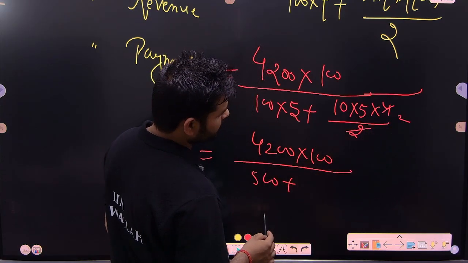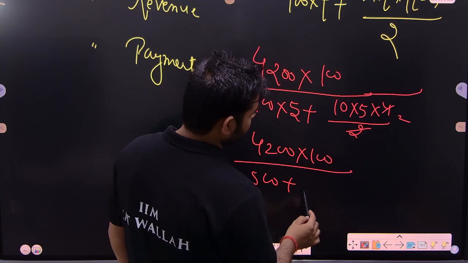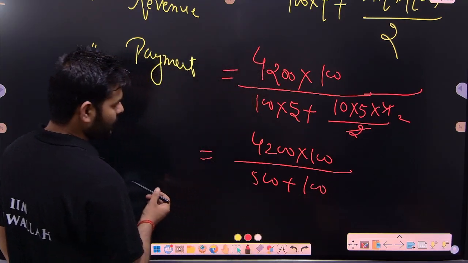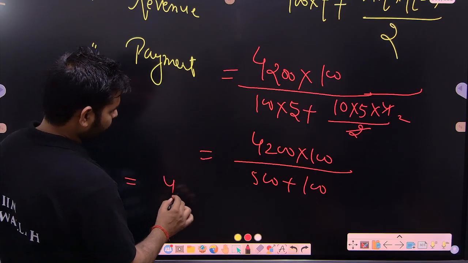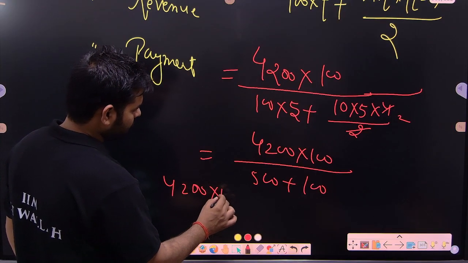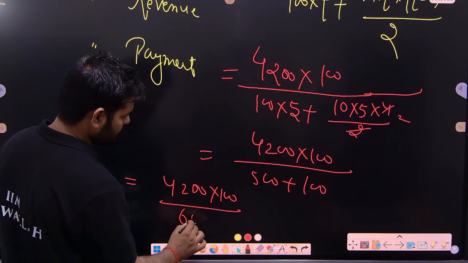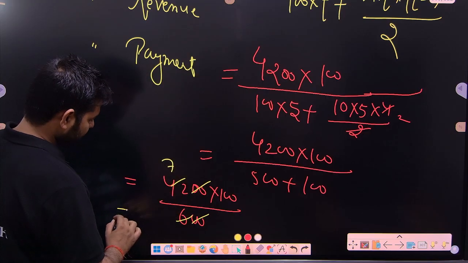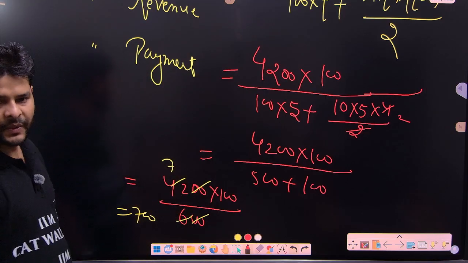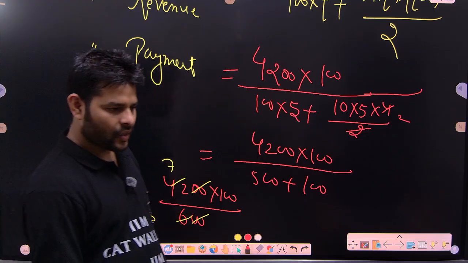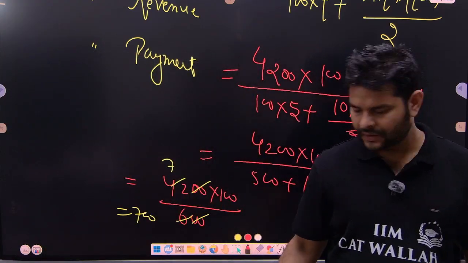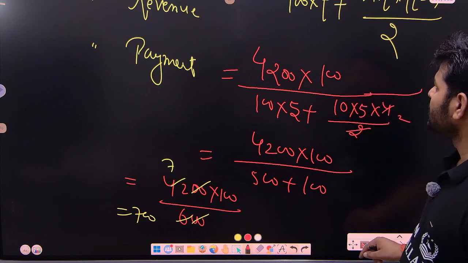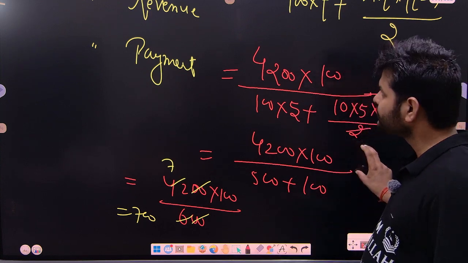So that value would be 100. From here you will get 4200 into 7, 600. So you will get 700. So installment would be 700. So the answer is wrong. You can change it. Not 600, that value would be 700.